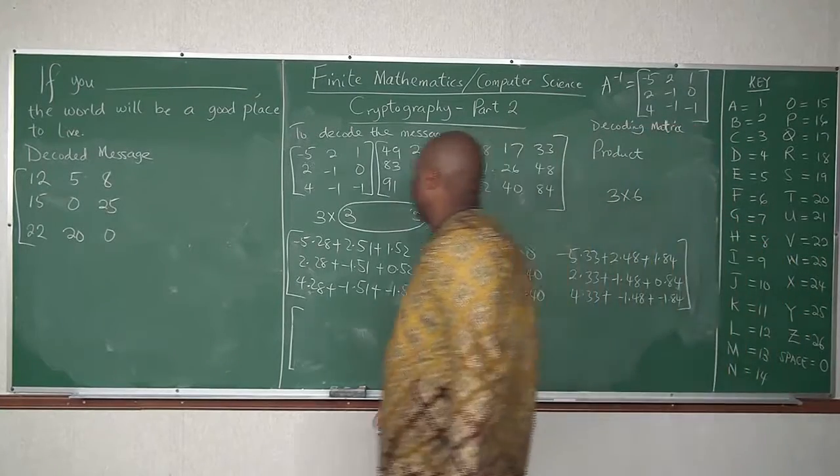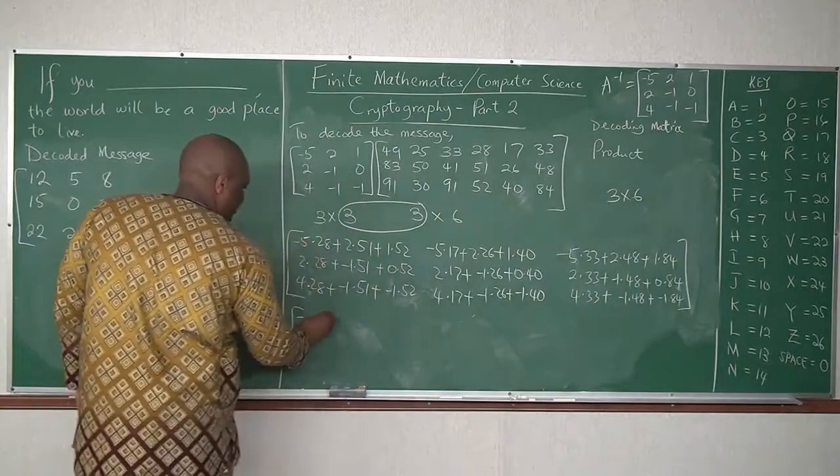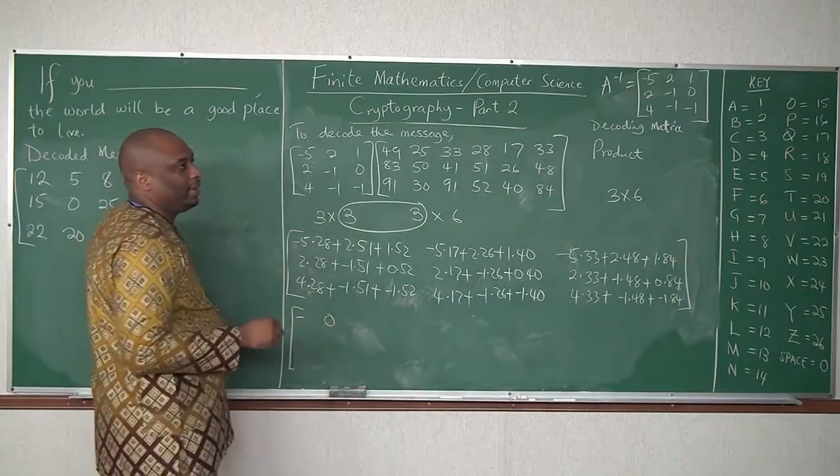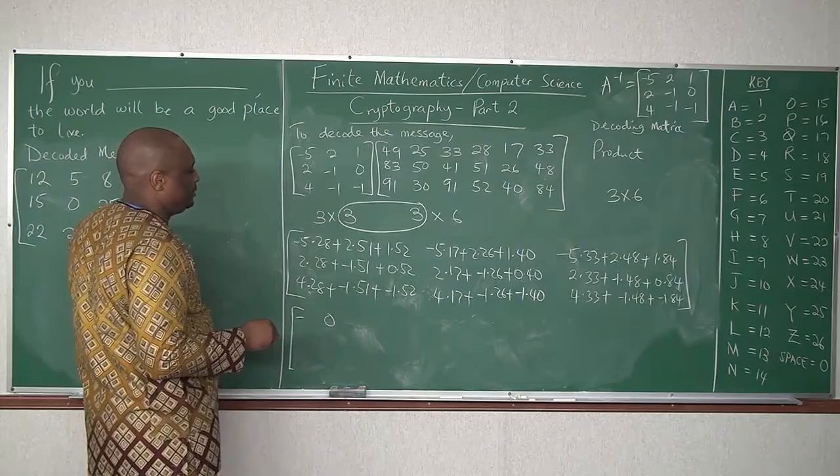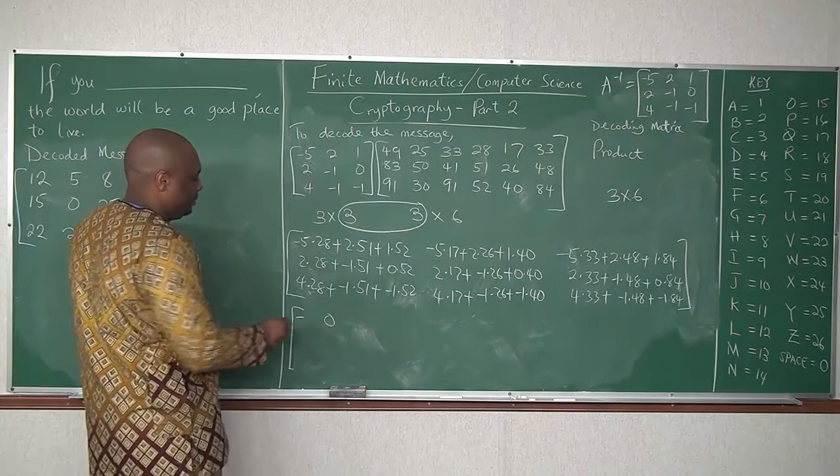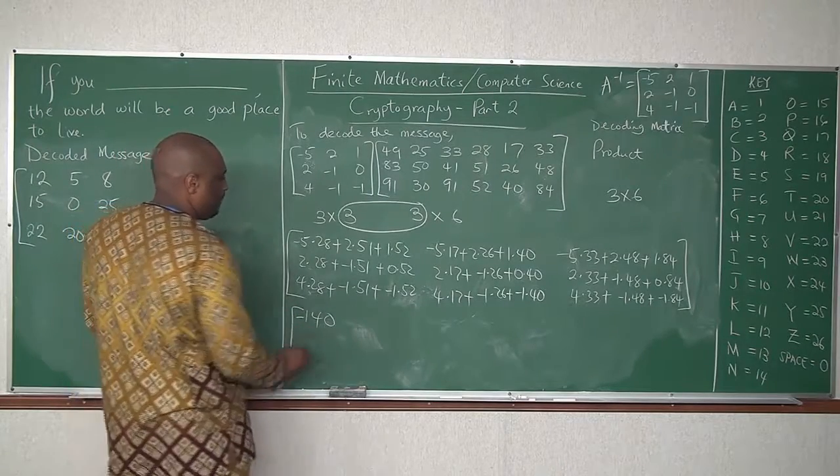Now this will be what now? Negative 5 times 8 is 40. 4, 8, 0 carry 4. 5 times 2, 10 plus 4, 14.